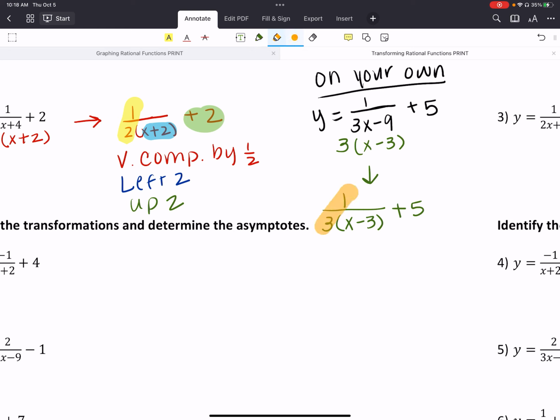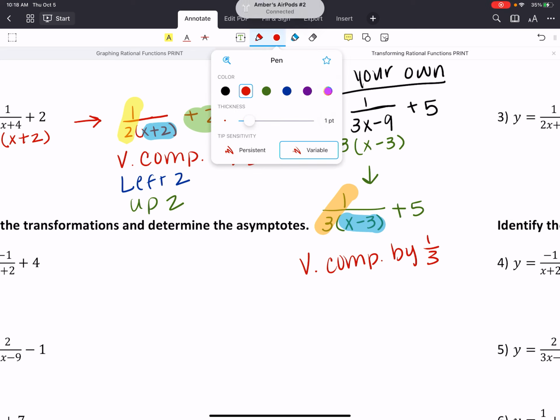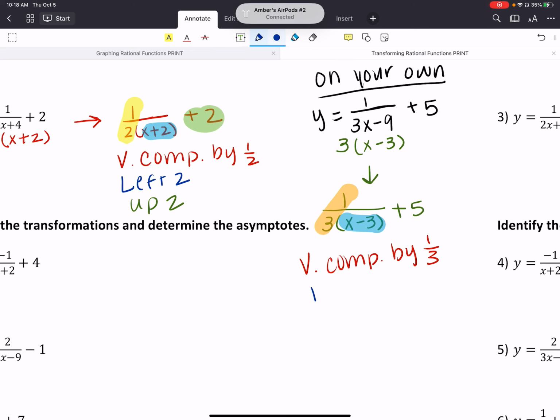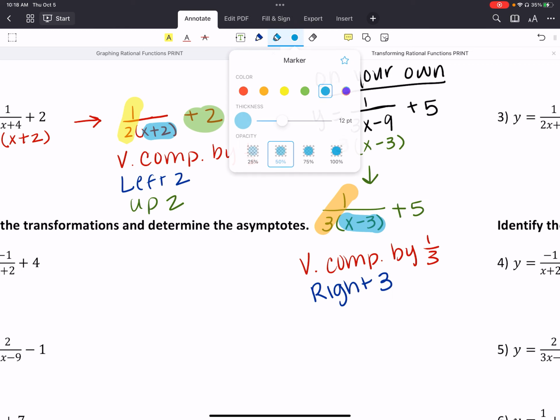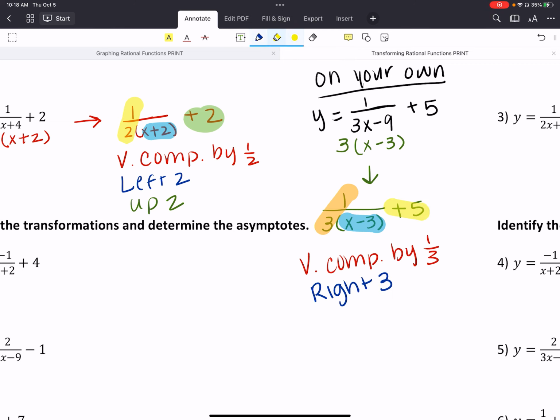So that's going to be a vertical compress by 1/3. We're going to go right 3. And then our last thing we're going to do is go up 5.